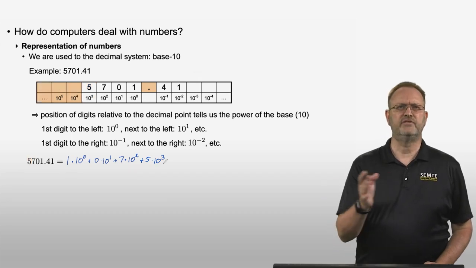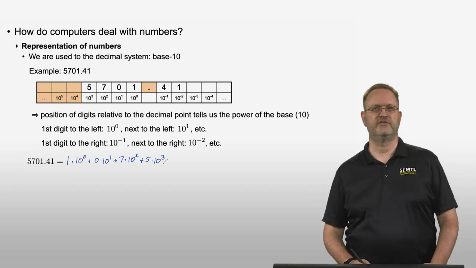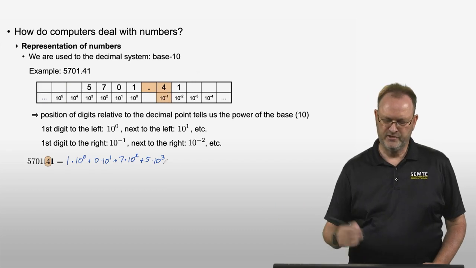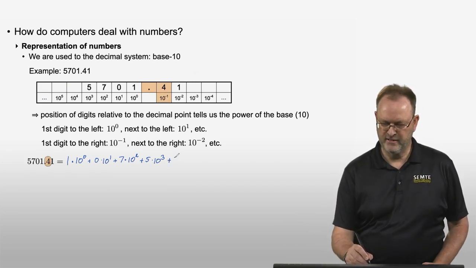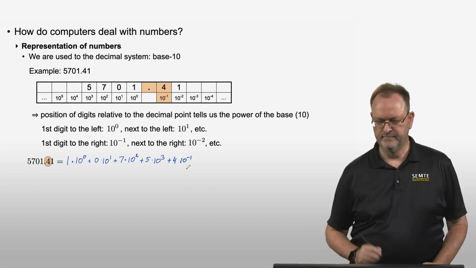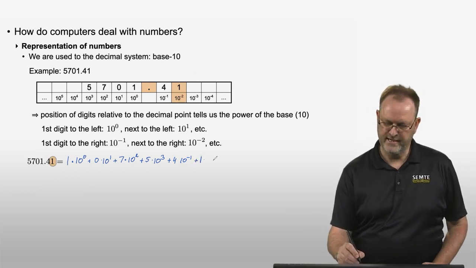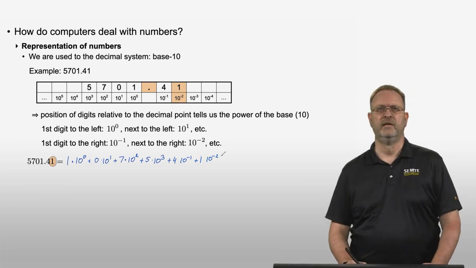And then there are zeros there, and we tend to not write these zeros when they're to the left of the largest non-zero digit. So let's move over to the right of the decimal point. The first digit there is a 4, so we would have plus 4 times 10 to the power -1. And then the next digit is a 1, so plus 1 times 10 to the power -2.